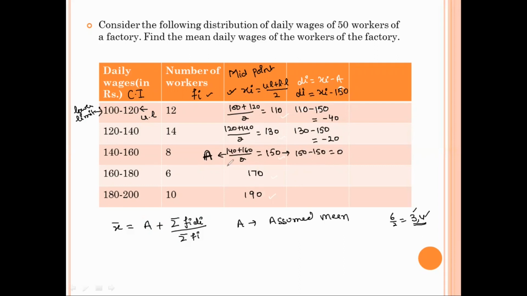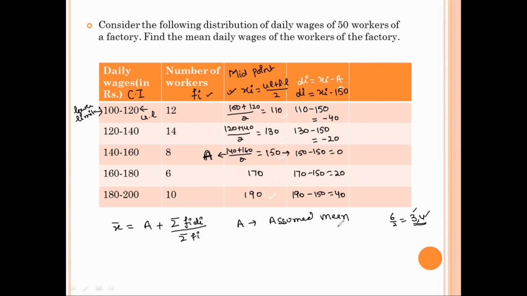xi value में से हमने अपनी assumed value की deviation ली, that is the difference. Now next is 170 minus 150. So value is positive, 20. And last is 190 minus 150, that is 40.